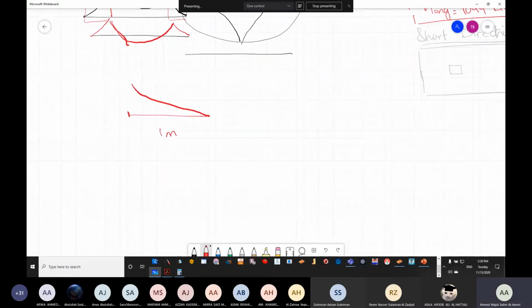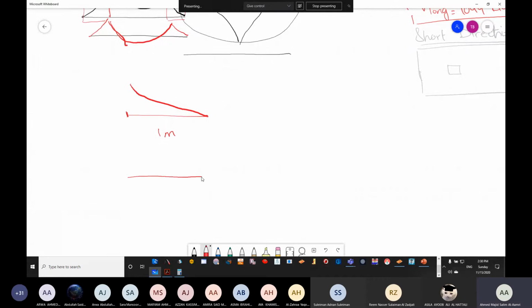And if I have an edge of, for example, 3 meters, you will see that the bending moment will get higher. Do you agree? Do you agree that the 3 meter span will have a higher bending moment? According to the concept that you have studied, bending moment is equal to force times distance.